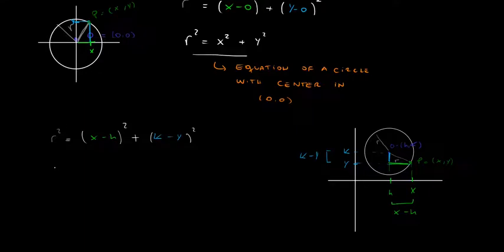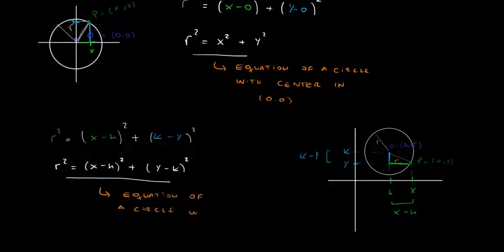So working a bit on this formula, we have x minus h squared plus, we can write this as y minus k squared. And this is the equation of a circle with center in h, k.